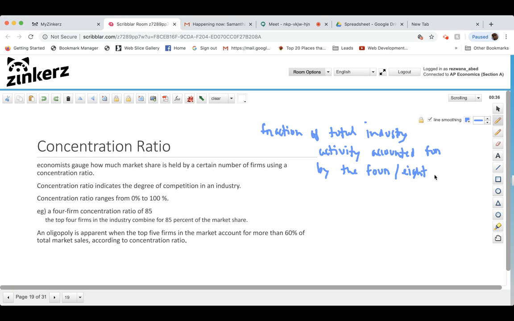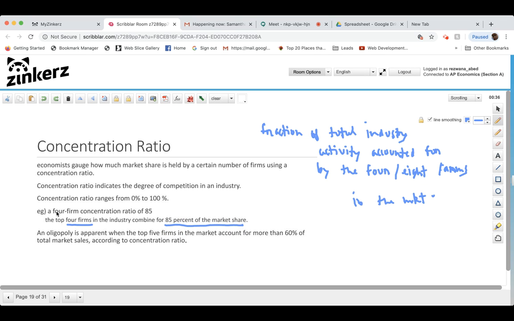So if I tell you, for example, that the 4-firm concentration ratio is 85, it means that the top 4 firms in the industry combined hold 85% of the market share.